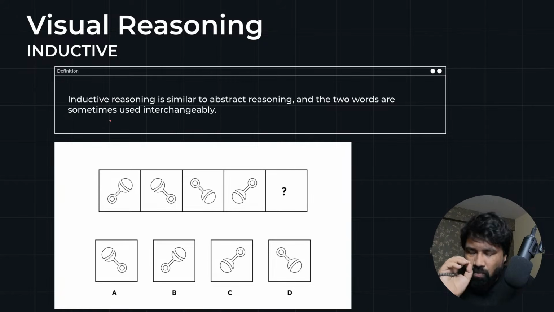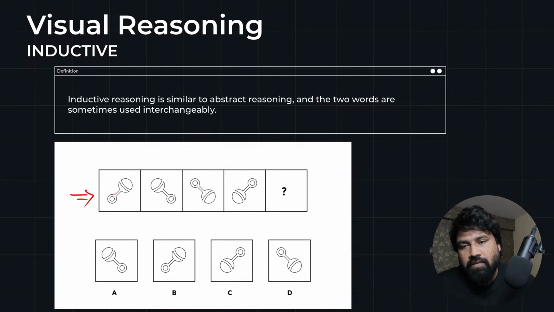Inductive reasoning is almost similar to abstract reasoning, but here the two words are sometimes used interchangeably. See, for example, there is a toy like this, and say it is indicating between 12 o'clock and 3 o'clock.